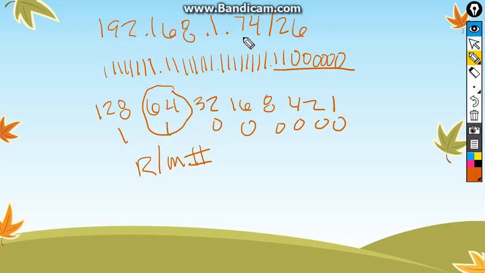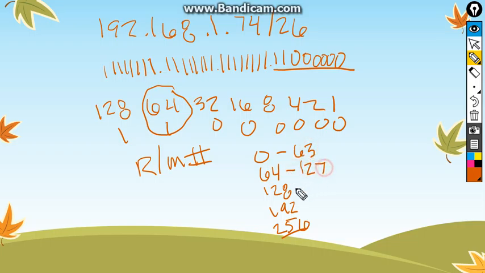So we start at 0 and start incrementing by 64: 0, 64, 128, 192, 256. 256 isn't a real number, but if we add 64 to 192, it would give us 256. So let's find our range. If 0 is the beginning of a subnet and 64 is the beginning of a subnet, that means 63 is the end of the 0 subnet.